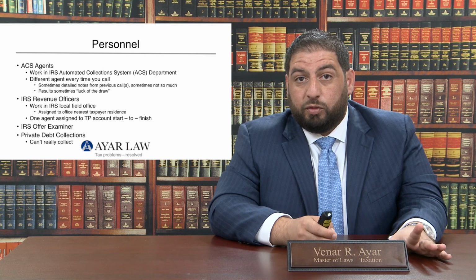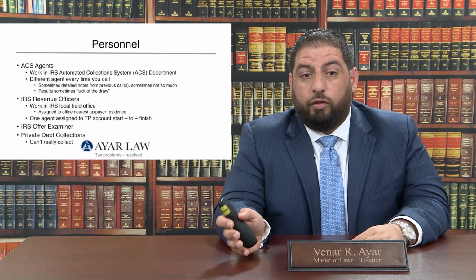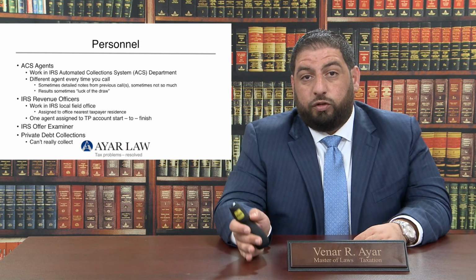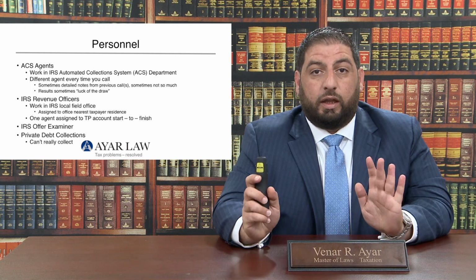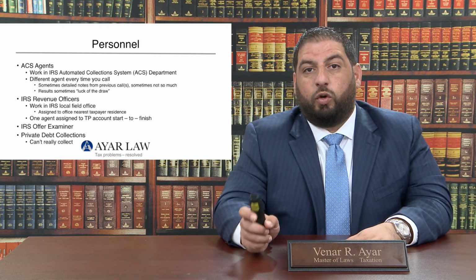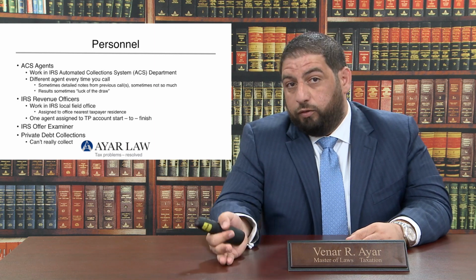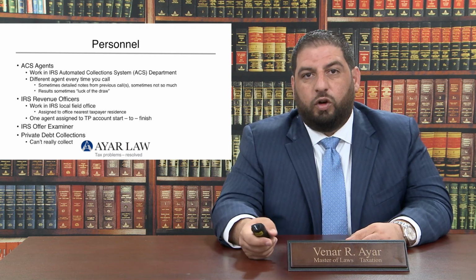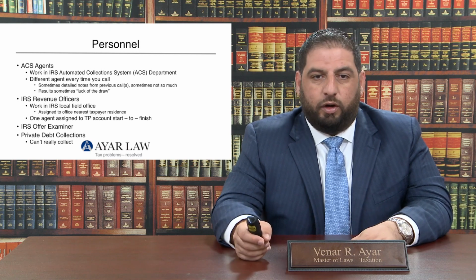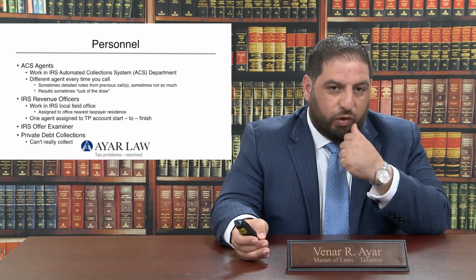They'll, quote unquote, send them to the field. They'll send them to the office that's closest to where the taxpayer lives. And then that's when somebody shows up and knocks on your door. It's a revenue officer. You get one agent assigned to your account from start to finish. Generally speaking, cases do get transferred, and people retire or get promoted and so on and so forth.